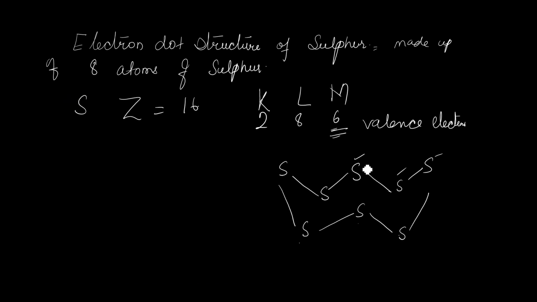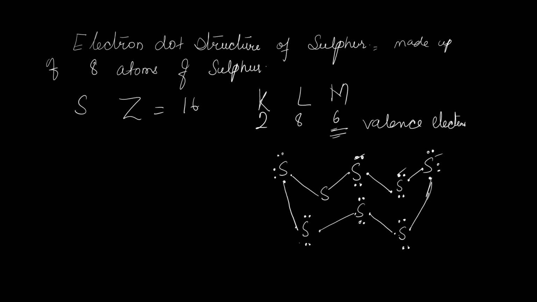It has 6 valence electrons each, 1, 2, 3, 4, 5, 6.